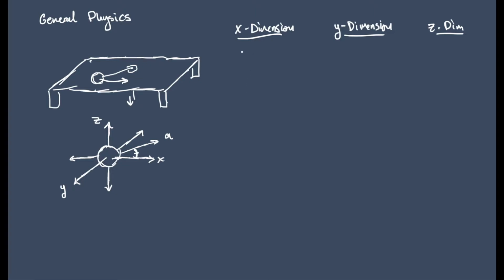Likewise, we have this formula that Newton came up with: the sum of the forces is equal to the mass times the acceleration. This is the sum of the forces in the x direction and the acceleration in the x direction. Likewise, the sum of the forces in the y direction is equal to the mass of the ball times the acceleration in the y direction.